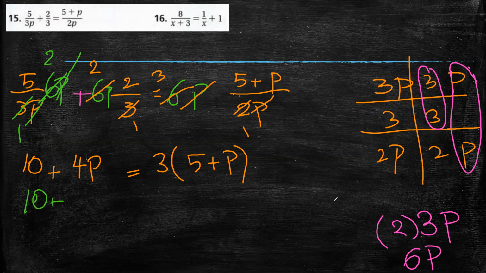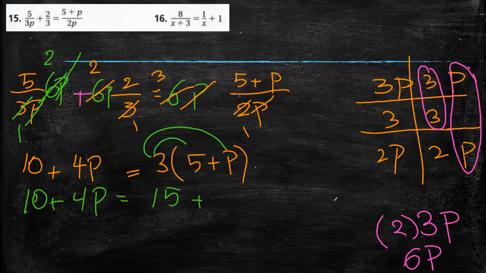So 10 plus 4p equals 3 times 5 is 15 plus 3 times p is 3p. You have to distribute 3 on 5 plus p. Then minus 15 on both sides, minus 15.